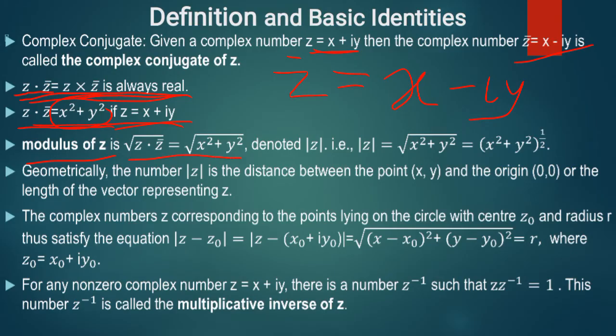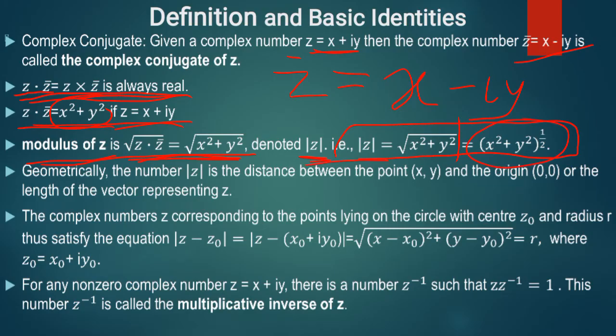Now, if you're told to find the modulus of a complex number, meaning you should find this value, that's what they mean by modulus. The modulus of z is what you see on the screen, the square root of z times its complex conjugate, which is the square root of x squared plus y squared, and it is denoted as the absolute value of z. This is a formula which you need to know. Once you see a square root, it's simply saying everything raised to the power of half.